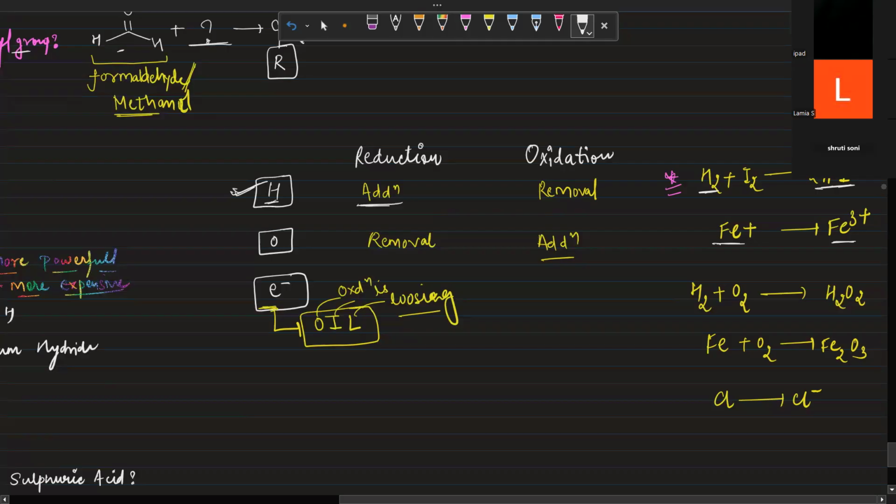So how many electrons change here? Two. Plus one converting into plus three is two. So does this Fe+ donate two electrons or gain two electrons? Like, is it gaining or losing, removal of electrons?